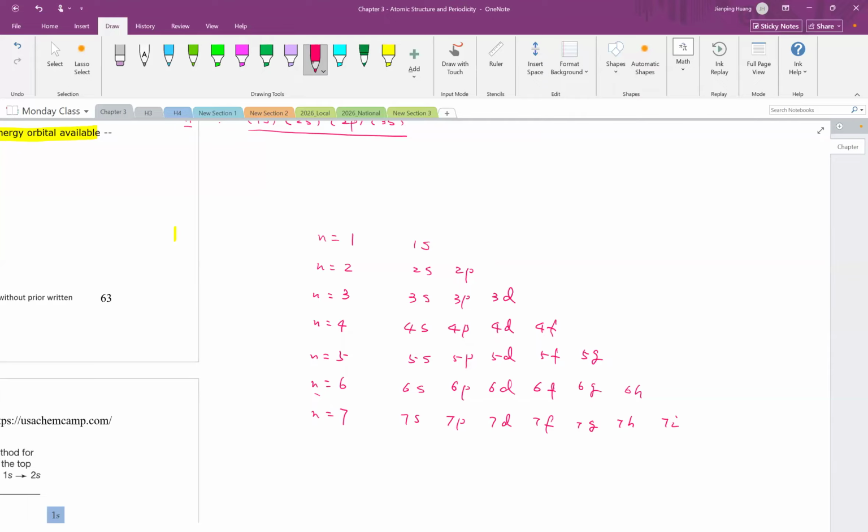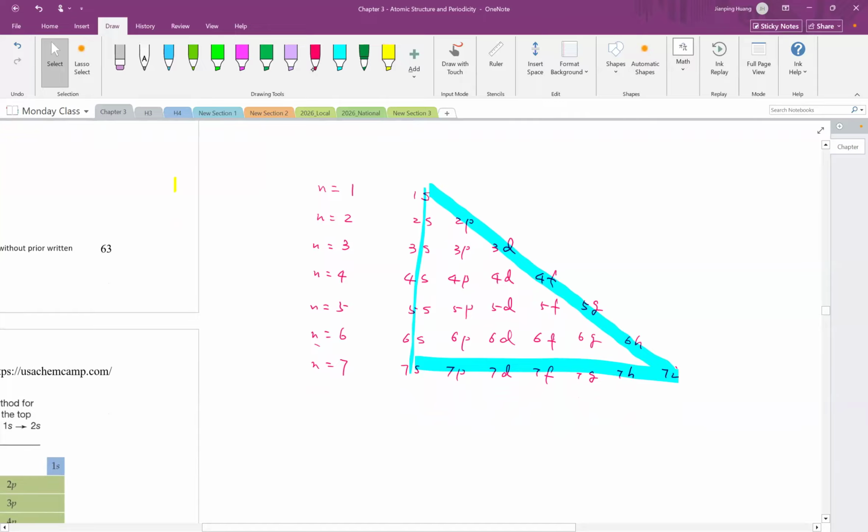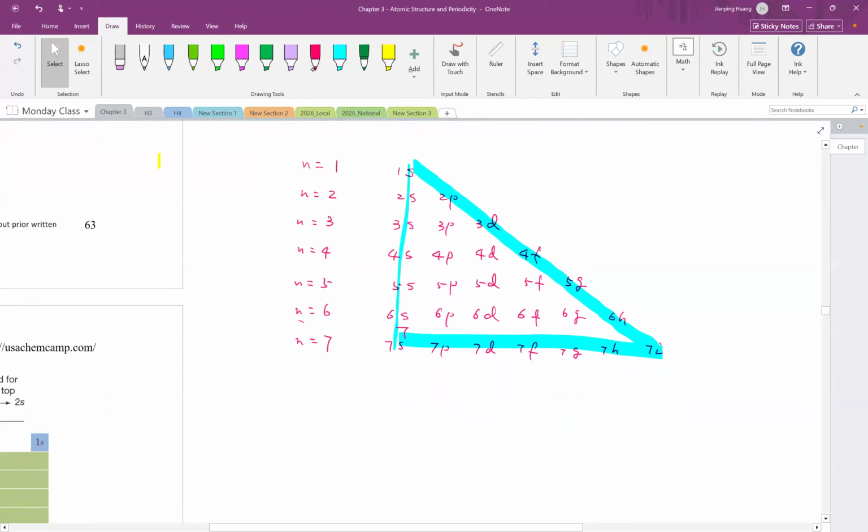Now I want you to see, I use this color. What's this? It's a right triangle, 90 degrees. So, in order, when we put the electrons, which orbital goes first? 1s.